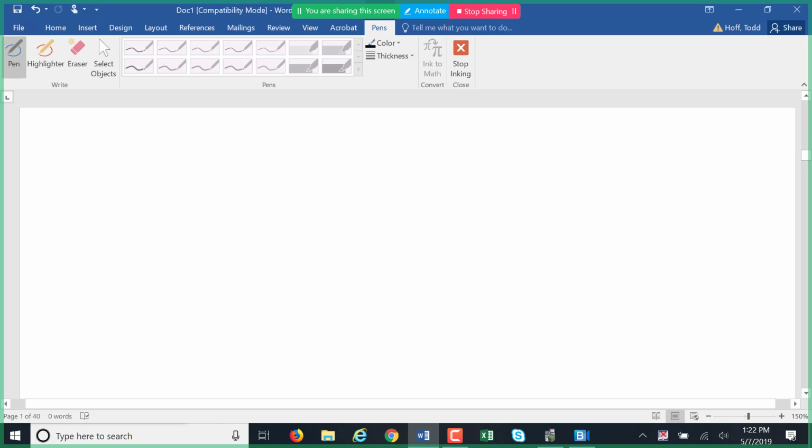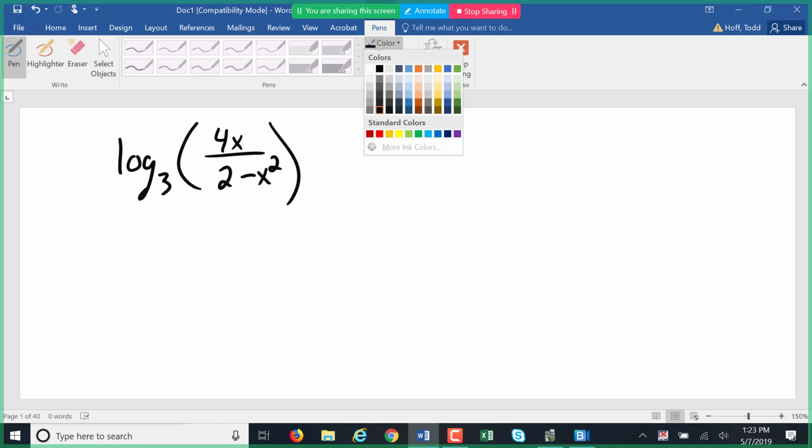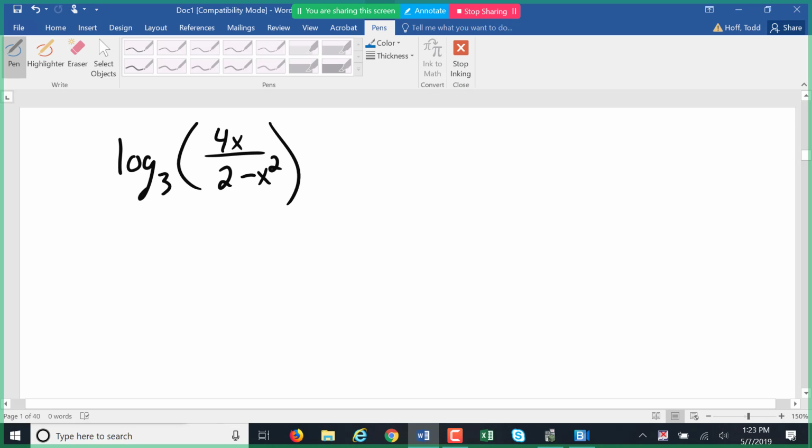Well, let me have you guys try one here. Let's do log base 3 of 4x over 2 minus x squared. I'm going to give you a minute to break that one down.